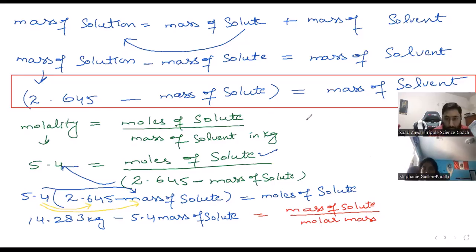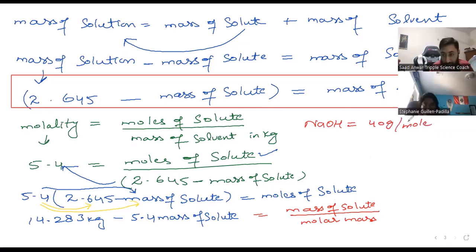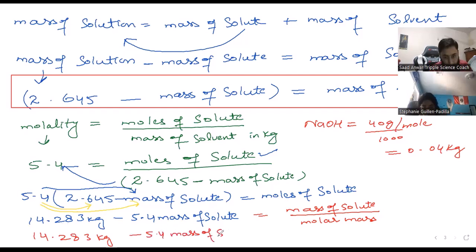Sodium hydroxide has a molar mass of 40 gram per mole. When I convert this into kilogram, I divide by 1000, so it would be 0.04 kilogram. So this is 14.283 kilogram, this is 5.4 mass of solute. Here the mass of solute, which I have to find in the question, I do not know.